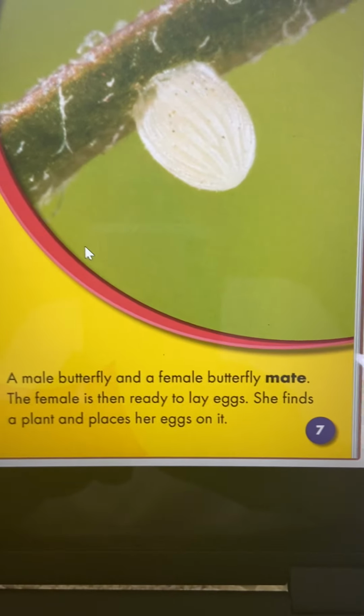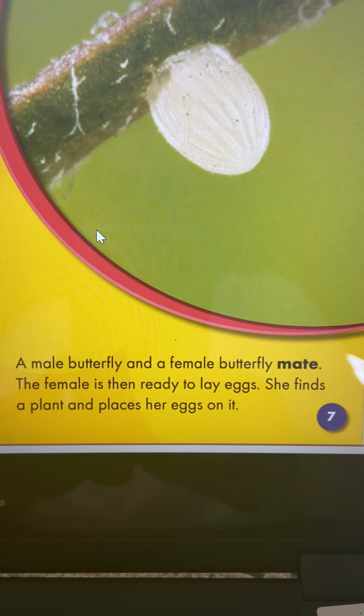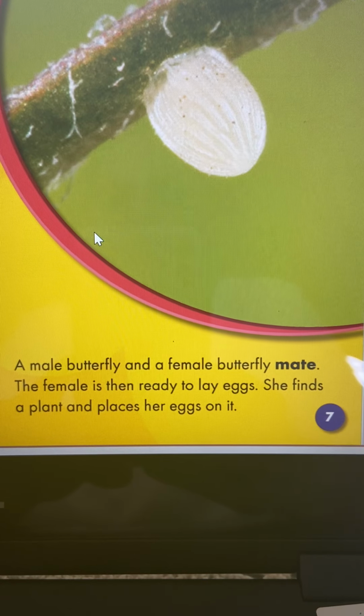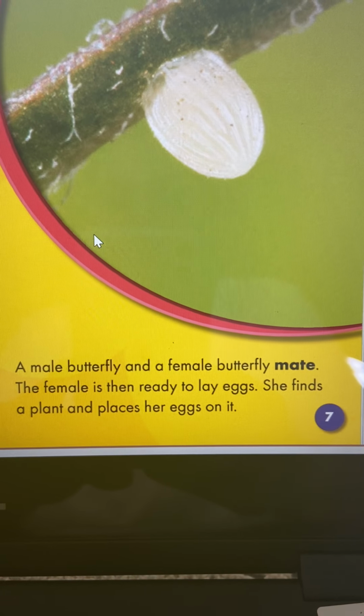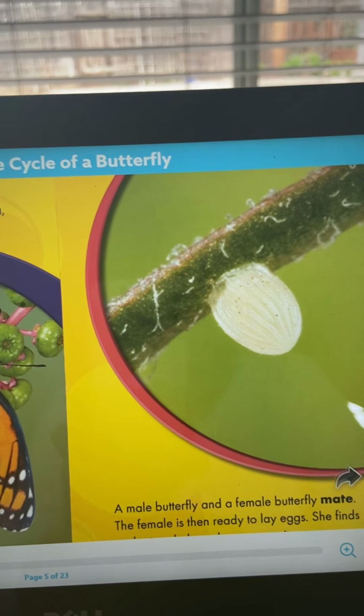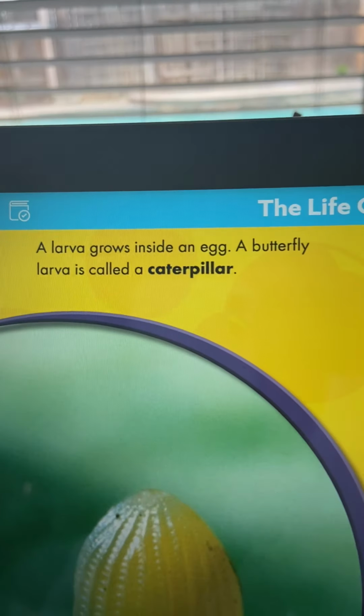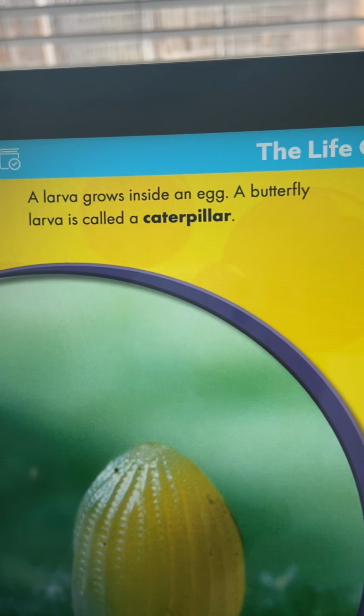Here we go. A male butterfly and a female butterfly mate. The female is then ready to lay eggs. She finds a plant and places her eggs on it. So there's her egg. She finds a plant and that's where she lays her egg. A larva grows inside an egg.